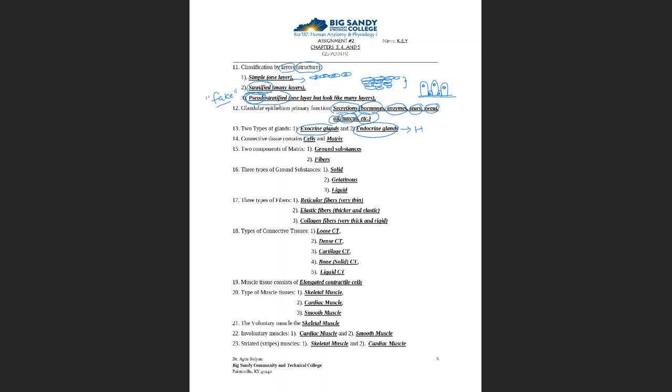This is the one that produces hormones. So the hormone is produced by our cell, and the hormones stay inside our body. Therefore, it's called endocrine. Endo means inside. So the products stay inside our body.